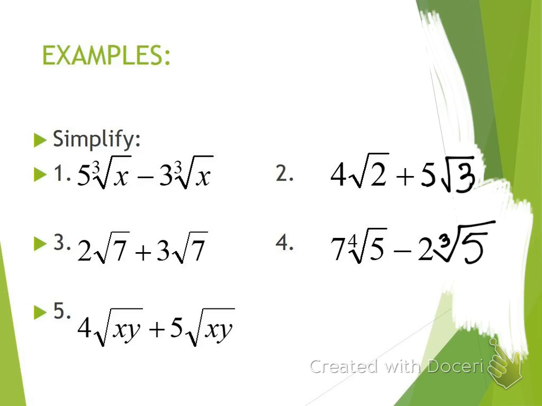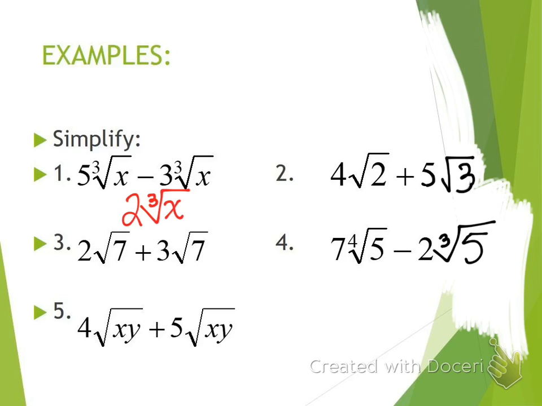Yes, they both have an x underneath. Those are the two criteria for being able to add or subtract them. When we add or subtract them, we just add or subtract the numbers out in front. So 5 minus 3 is 2. We keep the same index and the same radicand. So 2 cube root of x.